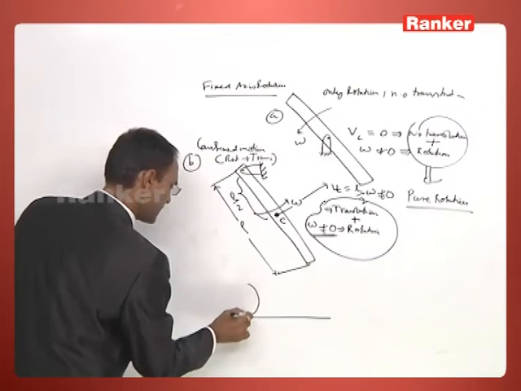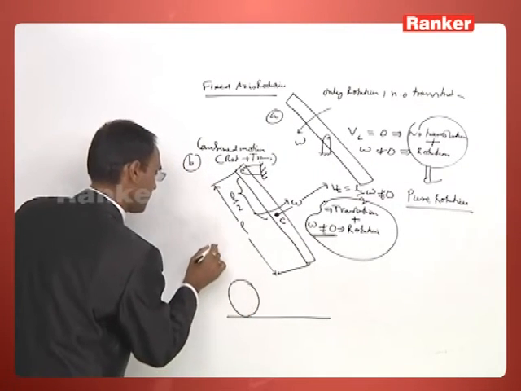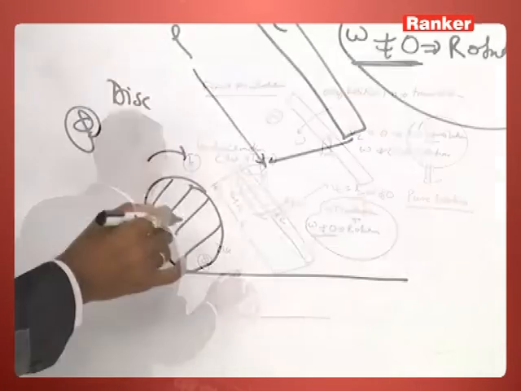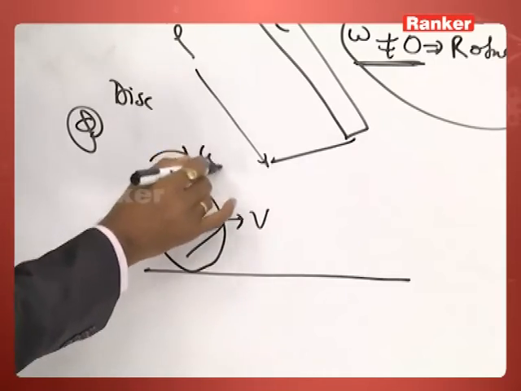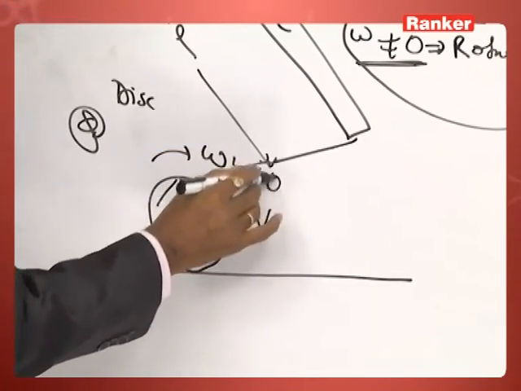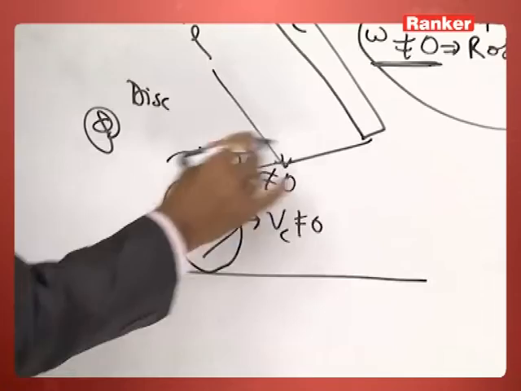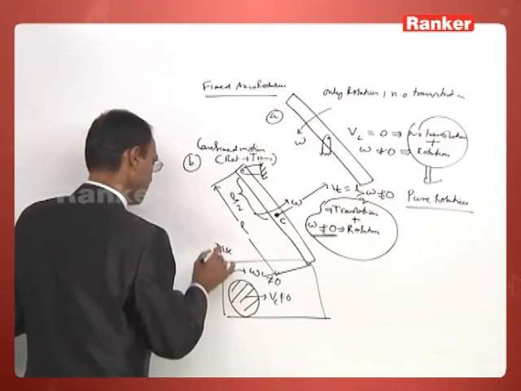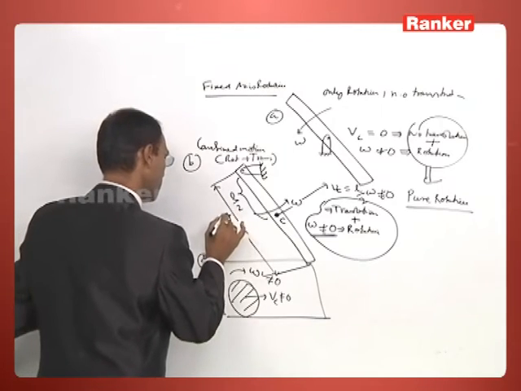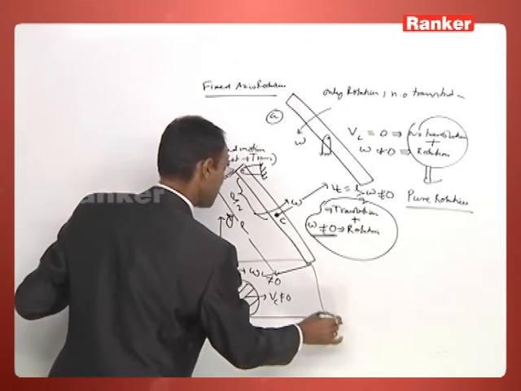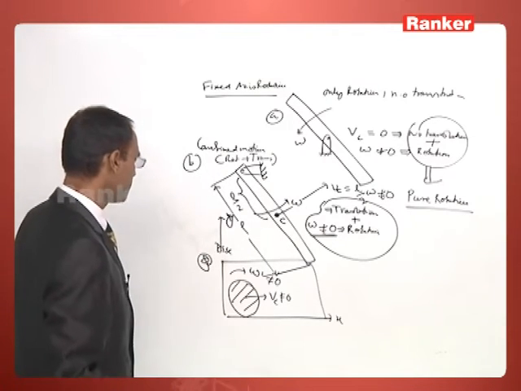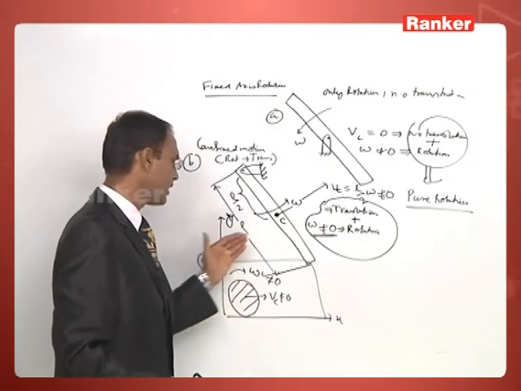This disk spins. The center of mass moves, both omega and velocity of center of mass non-zero. Combined motion, but it is not changing the plane. It is moving in the xy plane. So we restrict our discussion of rotation to a single plane.